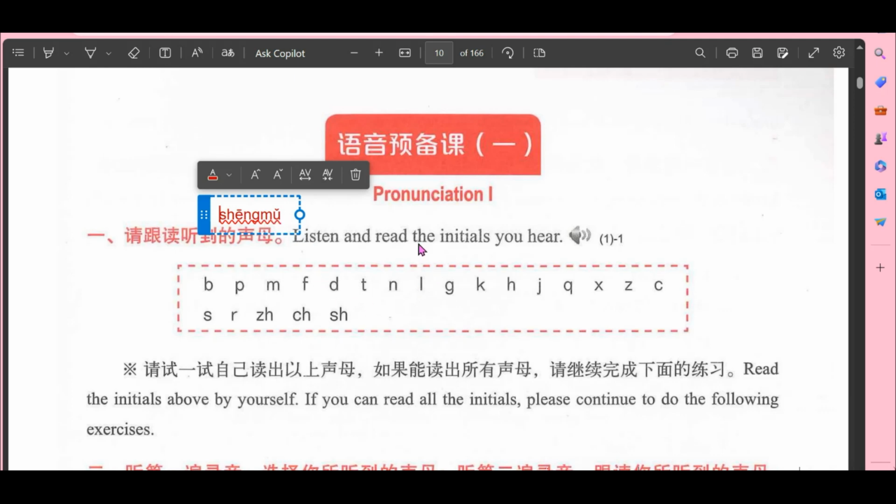These are our initials, the initials in Mandarin Chinese. I want you to listen carefully as I read these and just listen. For now, do not repeat after me. Just listen, okay? Let's go.